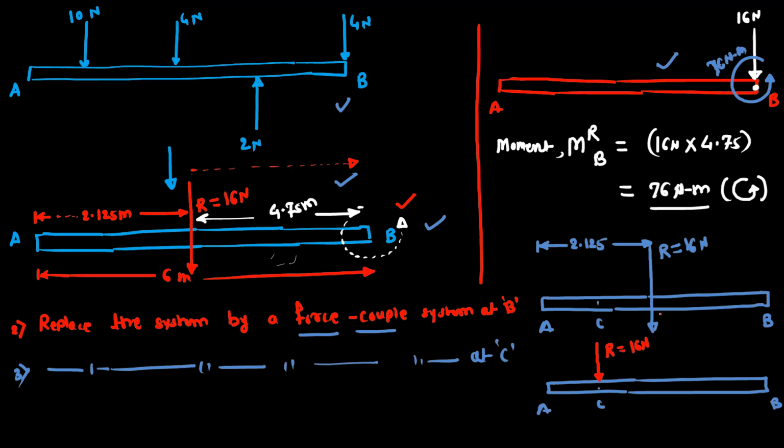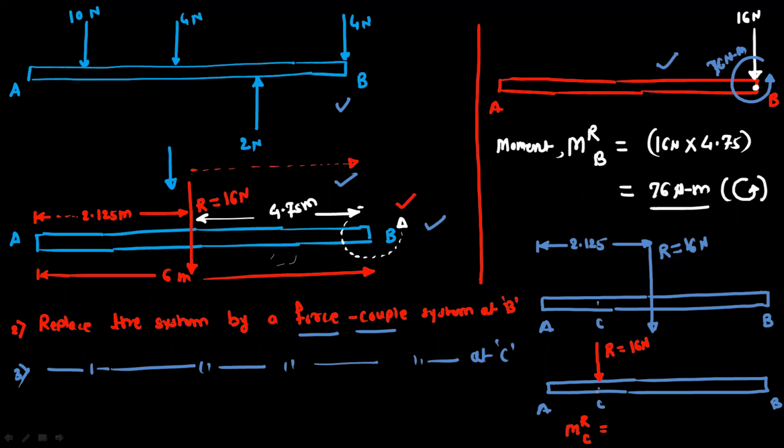Okay, now when we shift the force to point C, then we are changing the effect. Okay, and therefore we have to add one couple in the system. So this value we can find out by this equation, moment of the resultant force about the point C. Take the moment where we are shifting the force.